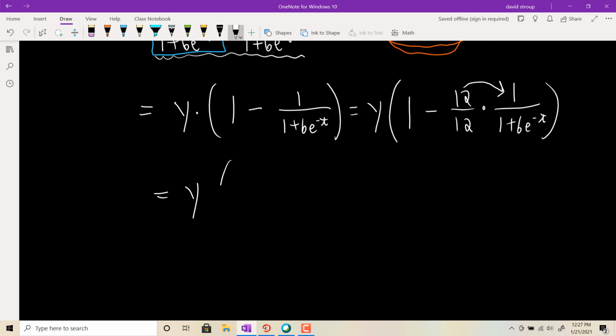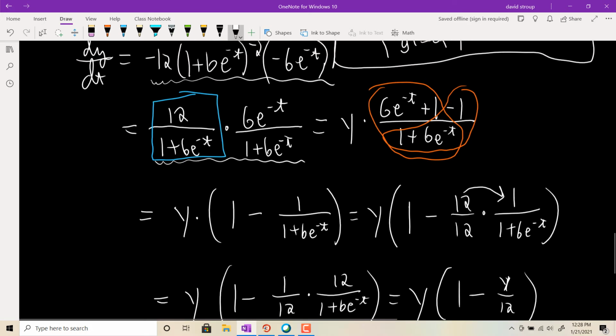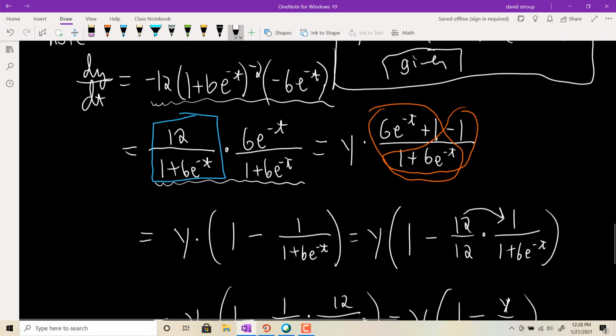Okay, so I end up with y times 1 minus 1 over 12 times 1 all over 1 plus 6e to the negative t, which is y times 1 minus, whoops, this is a 12 up here, 1 over 12 times y, which is y over 12, which is y over L, which is the right-hand part of that logistic differential equation, of course with L equaling 12. Okay.